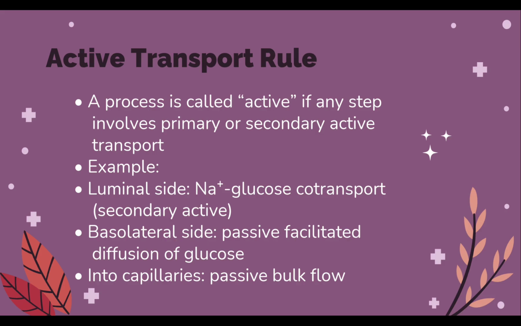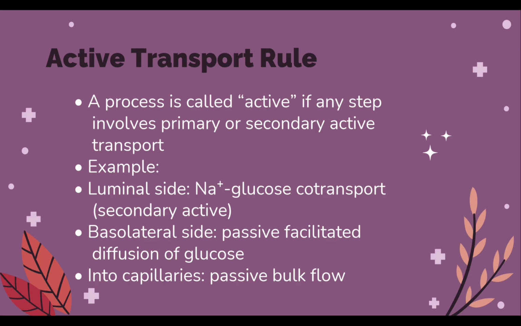if any step involves primary or secondary active transport. As an example, on the luminal side there is sodium-glucose co-transport, which is secondary active, and on the basolateral side there is facilitated diffusion of glucose, and into the capillaries they go through passive bulk flow.